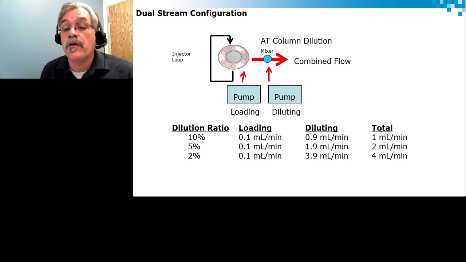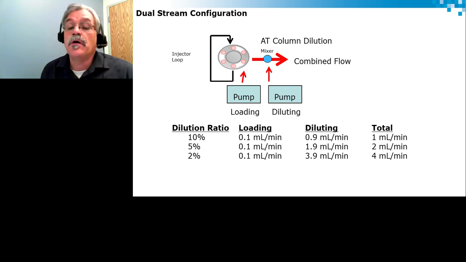But the concept here is that we have a loading that will push the entire extract out of the sample loop and reconnect with a diluting stream via, I would say, a mixer. And by playing with the flow rate of the loader and diluter, I can now dial in a proper dilution ratio.